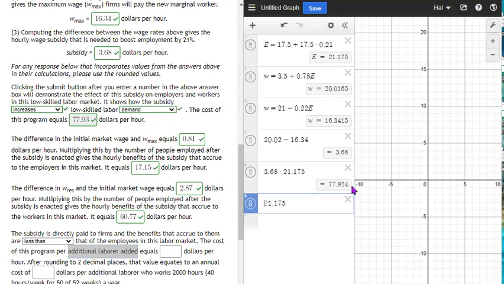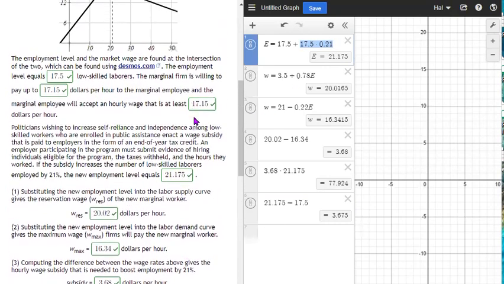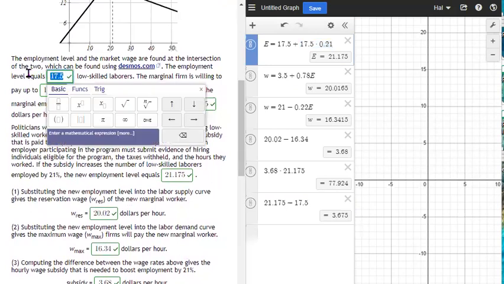Well, the number of workers that are in the labor market as a result of the subsidy is 21.175. But the number of workers that were in the labor market before the subsidy was 17.5, right? So remember, it drew in 3.675, right? This amount is 3.675, right? So the number of workers initially in the program was only 17.5.